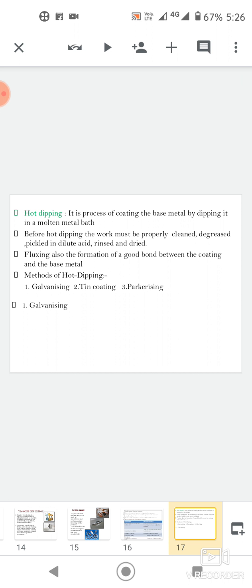Next one is the hot dipping. Hot dipping is the process of coating the base metal by dipping it in a molten metal bath.